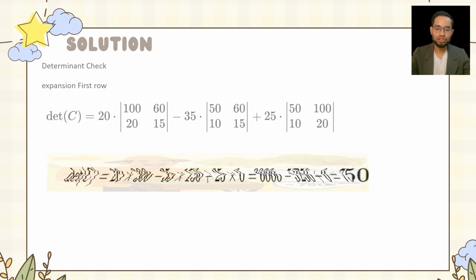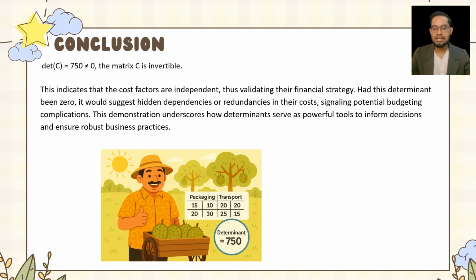So as a conclusion, the computed determinant is 750, which is non-zero. Therefore, the cost matrix C is invertible. This confirms that the packaging, transport, and storage costs are linearly independent across the markets. Harun, the character in this question, has a budgeting model that is stable and free of hidden dependency.